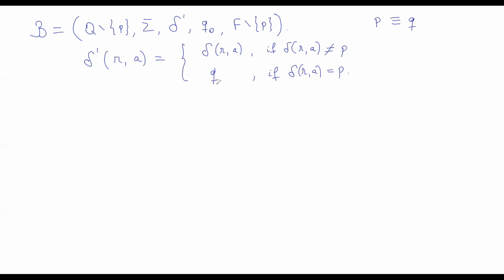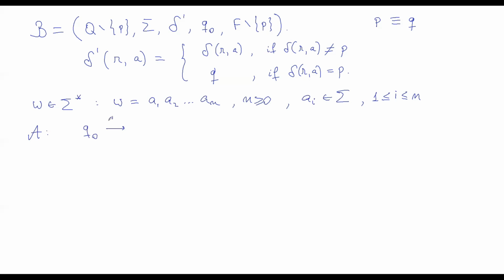And if we think about the computations in these two automata, so if I take a word w in sigma star, and w is made of letters a1, a2, an, n greater than or equal to 0, and these are letters. And I'm thinking about the computation on A. The way this goes is it starts from Q0, and it goes with A1 to Q1, and with A2 it goes to Q2, and so on.